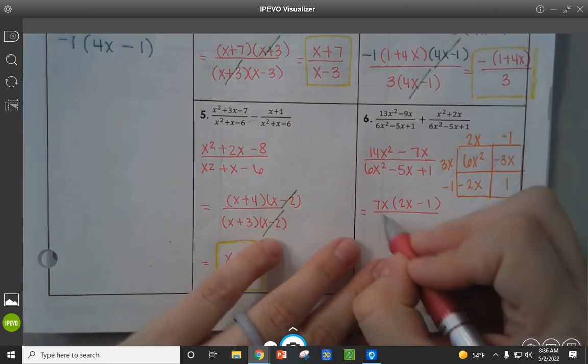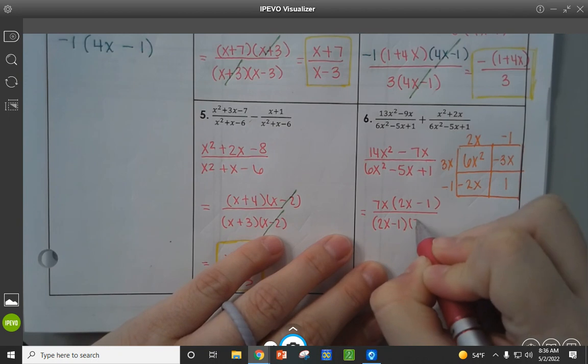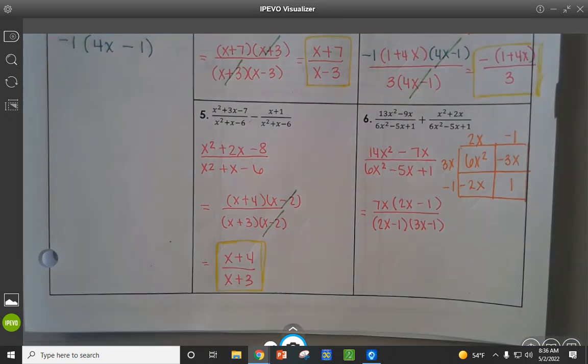So that denominator factors into 2x minus 1 and 3x minus 1. You're probably not going to have any of these on the test.